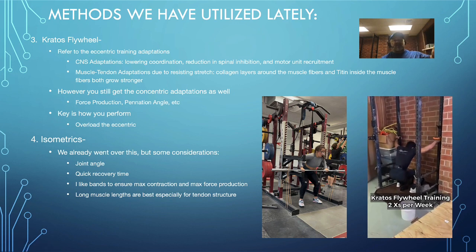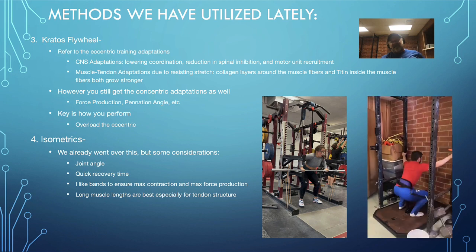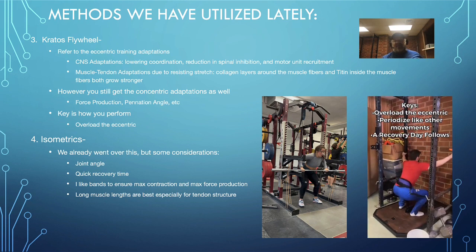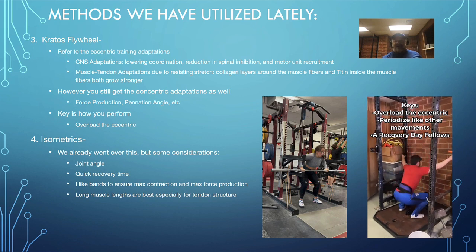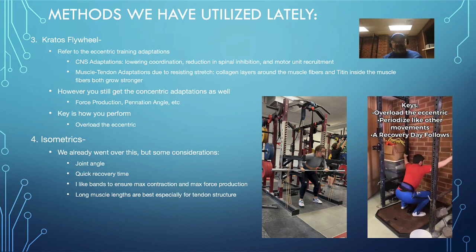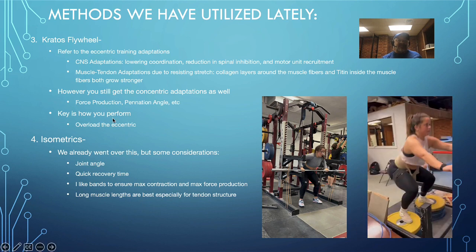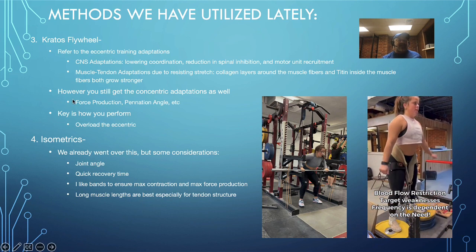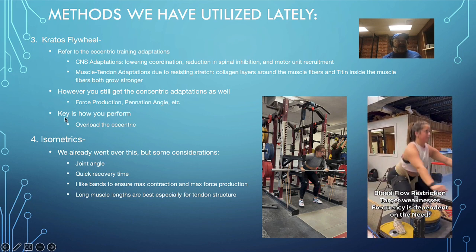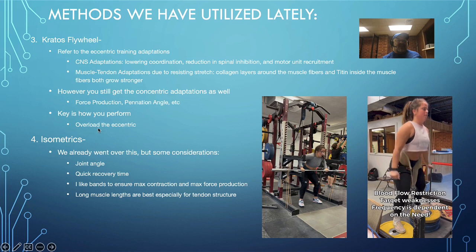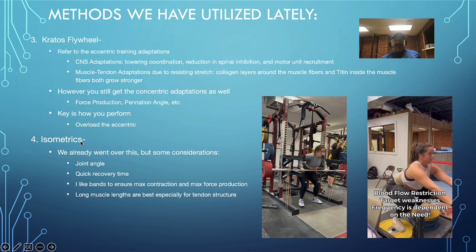So you're still going to get all the great adaptations from concentric, but we're also going to overload the eccentric and get increased titin and increased collagen, increased matrix of the tendons. So lots of great adaptations. However, you still get the concentric adaptations, force production, pronation angle. So consider that. And then the key is how you perform: overload the eccentric. Now, isometrics.